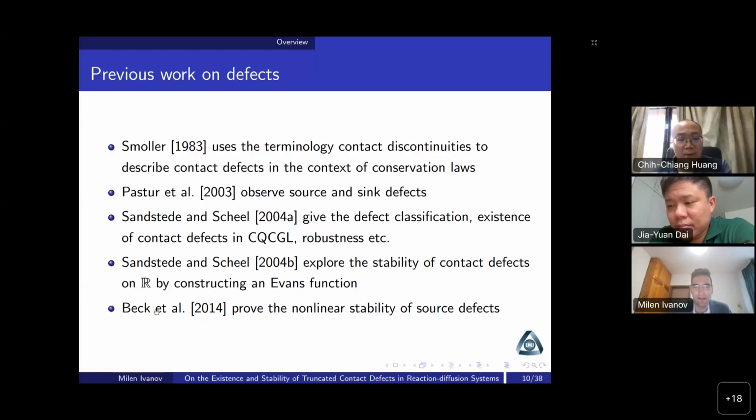And Margaret Beck et al. prove the nonlinear stability of source defects. So there are known results for sources and sinks, but overall these proofs are quite hard. And as we'll see later, I will explain why I believe that linear and nonlinear stability of contact defects is an extremely difficult problem.